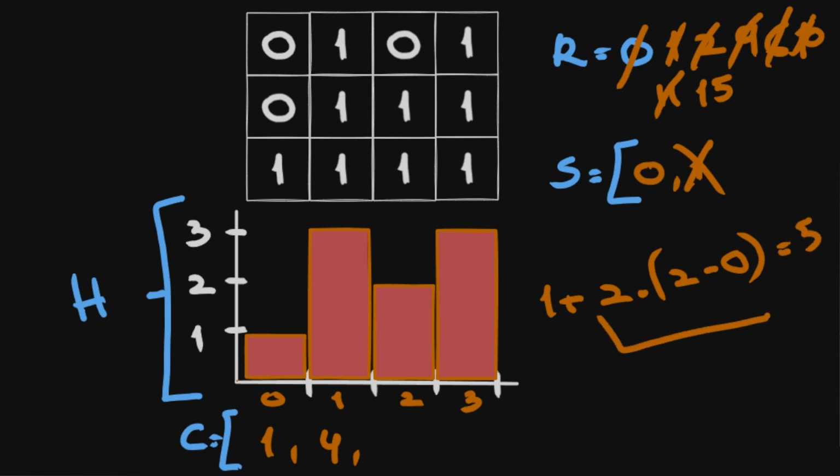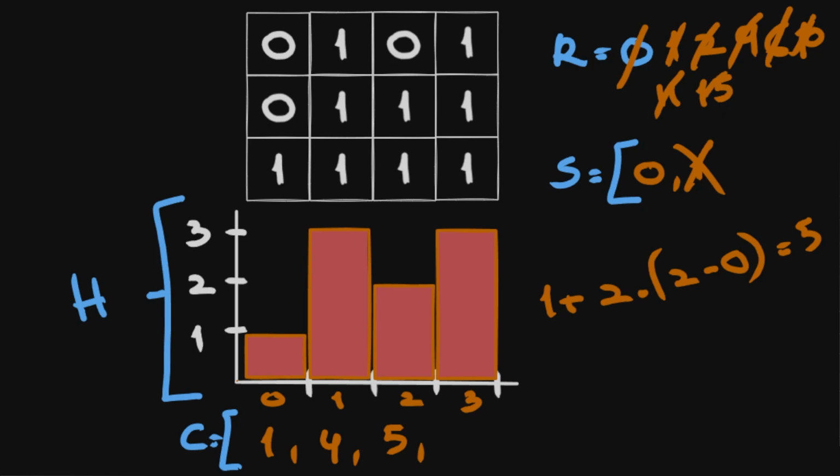And what this 4 represents is this is a valid submatrix, this is also valid, this is also valid, and this is also valid. Remember, the current cell is always the bottom right corner. And what this 1 represents is this is also valid. So we put this 5 as the result for this cell.